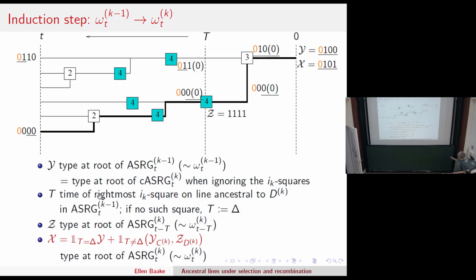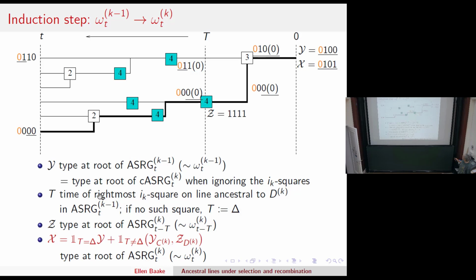But now let's assume there is such a 4 square. Then you expand here, you attach a new ASRG k here for the remaining time, little t minus capital T, and let curly z be the type at its root. And then what happens here is that recombination, so that means the head of this guy, sites 1 to 3, are combined with the tail of this guy, so this 1 here.